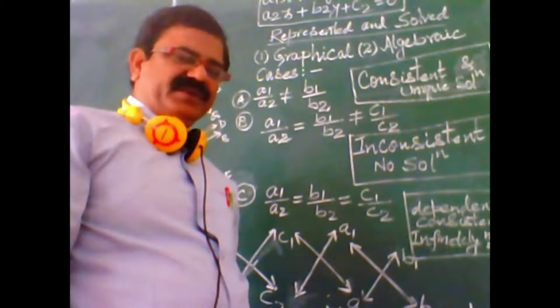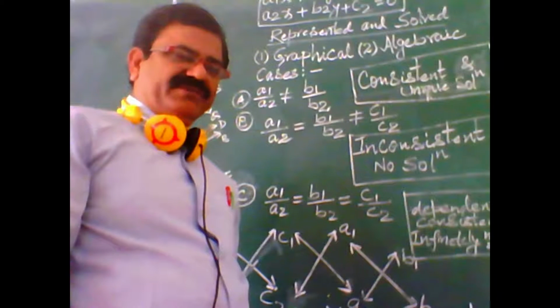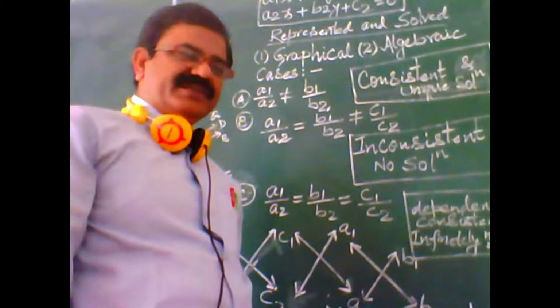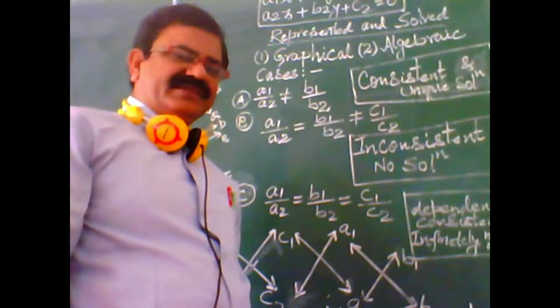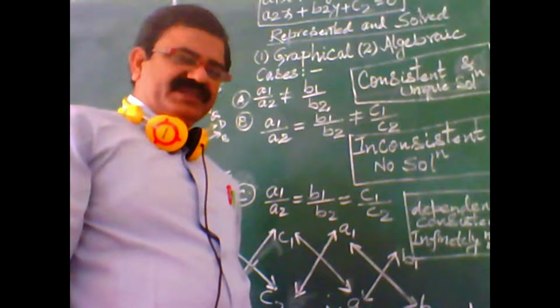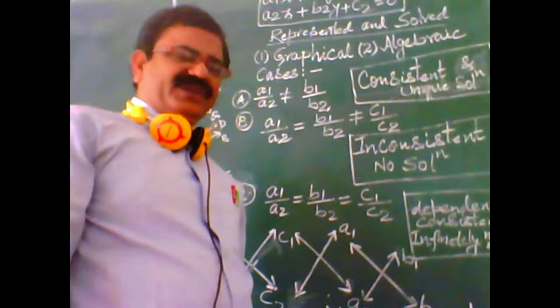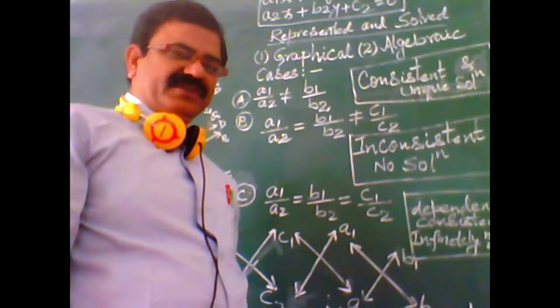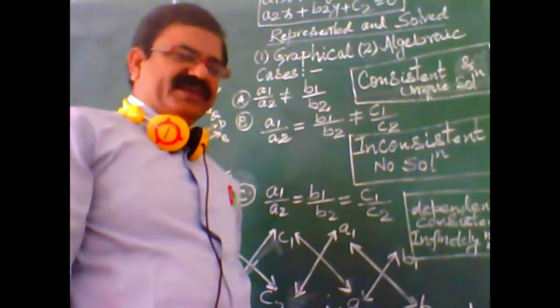Such linear equations, two of them together, form the pair of linear equations, and it is in two variables. Two variables means two letters of the alphabet, like x and y, from A to Z, used to write the variables. So, two linear equations in two variables.